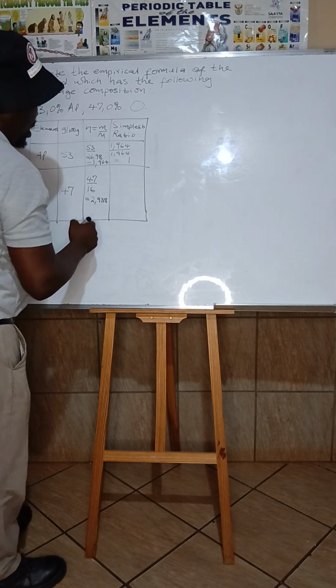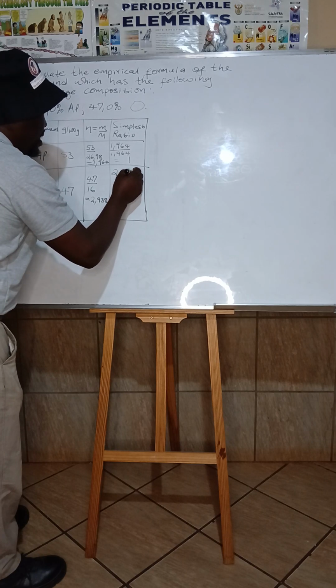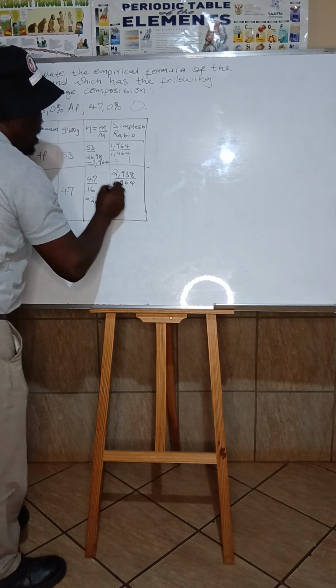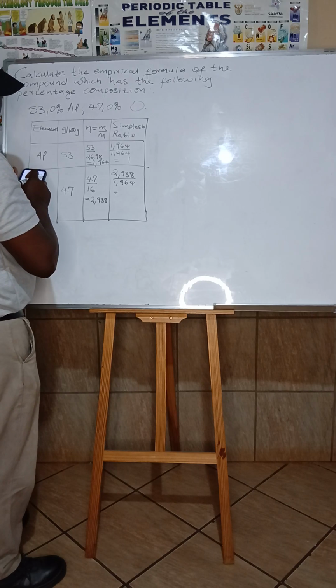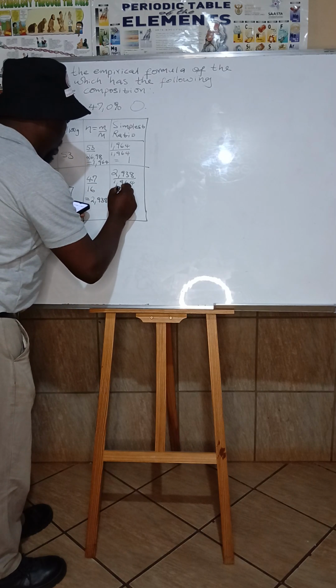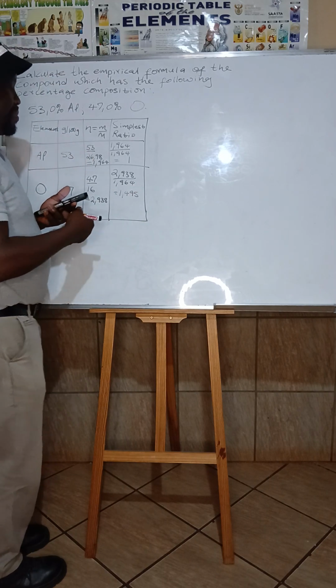And over here, we take 2,938 and divide it by 1,964. The answer is 1,495.